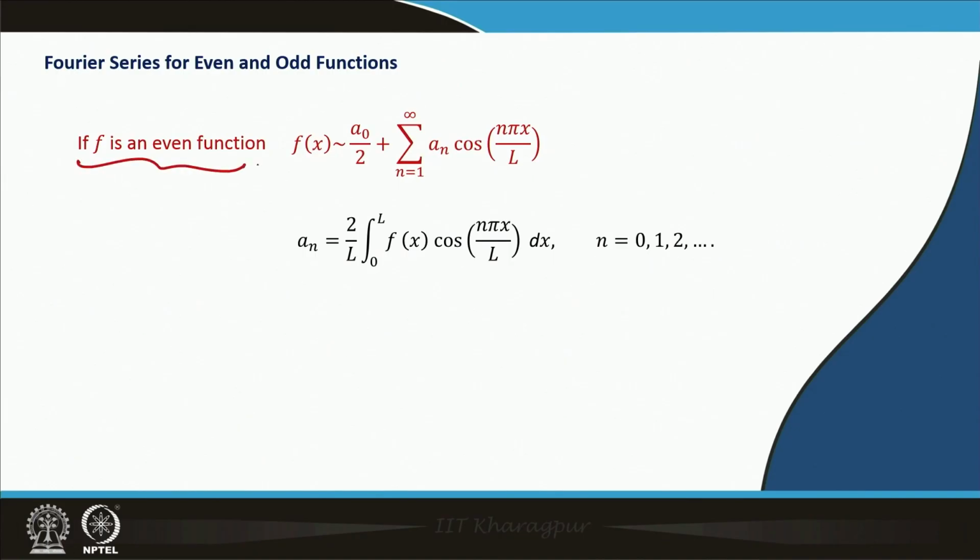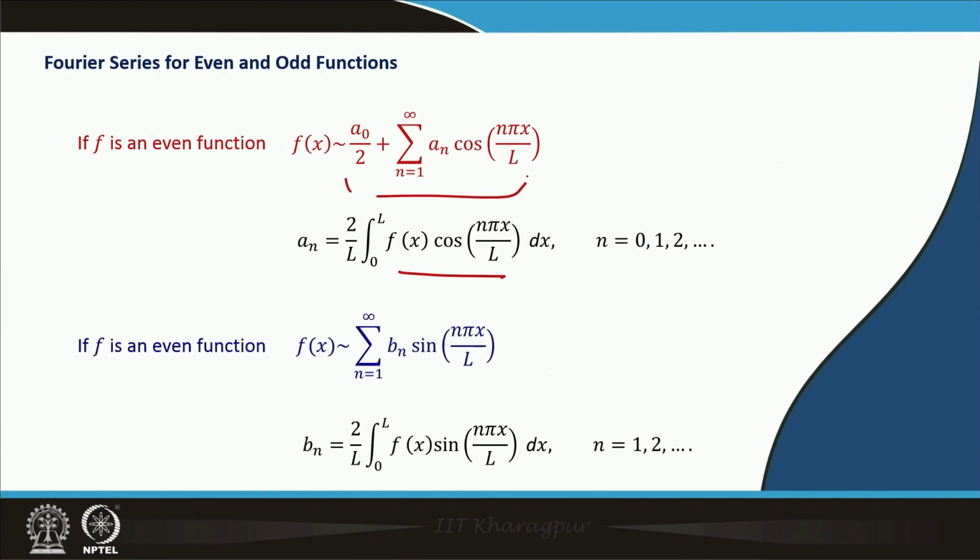So, if f is an even function, then f x can be expressed in terms of just the cosine functions, and these coefficients a n can also be simplified, they can be evaluated from 0 to L and 2 times, because originally it was minus L to L, and then we have f x cos n pi x over L dx, and n is 0, 1, 2, etc. Because the function is even, the b n coefficients become 0 and we got only the cosine series.